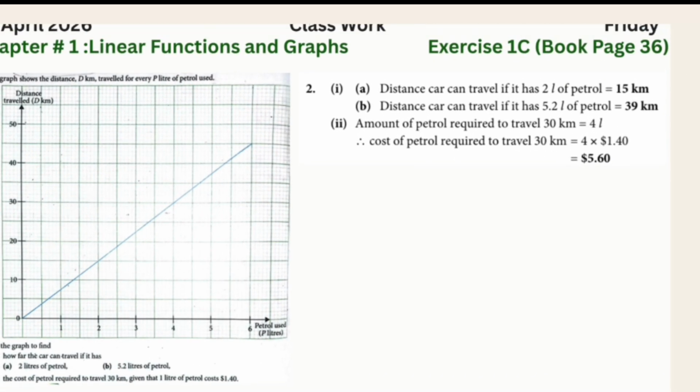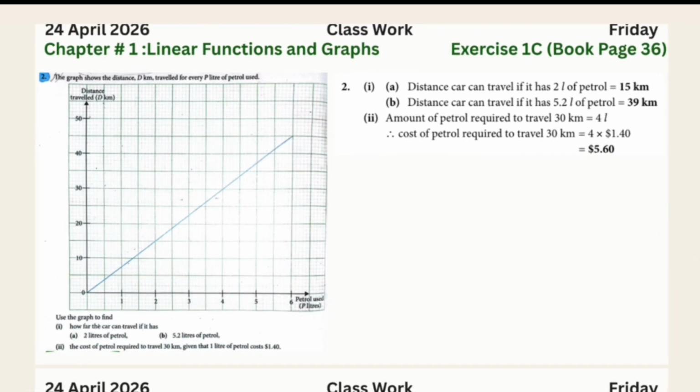Question number 2. You can pause the video and do the complete work in your neat copy. I have shared this file in your WhatsApp group as well. The graph shows the distance d kilometers traveled for every p liters of petrol used. Here we have distance traveled and here we have petrol used in liters. The first question is, with 2 liters of petrol, we have to find how far the car traveled.